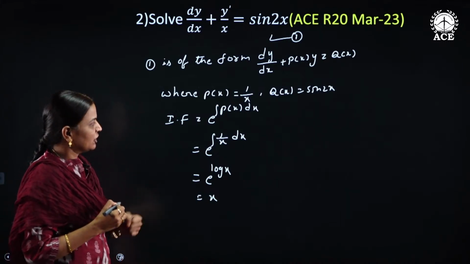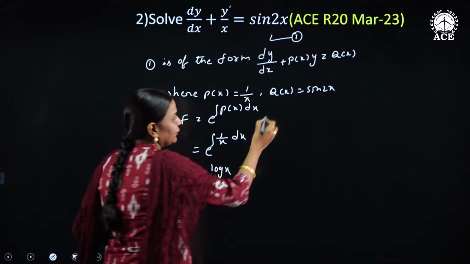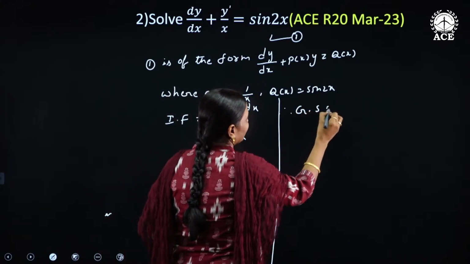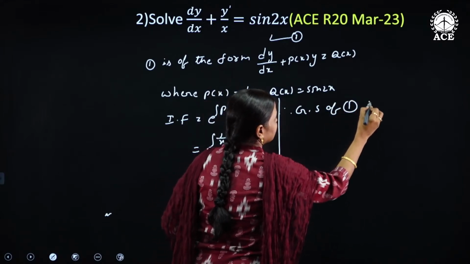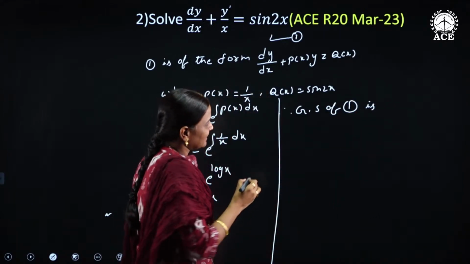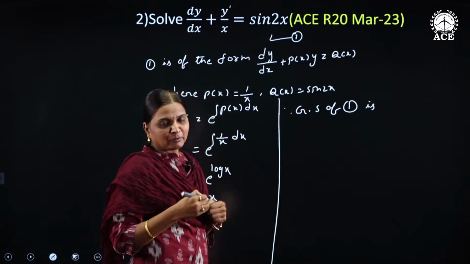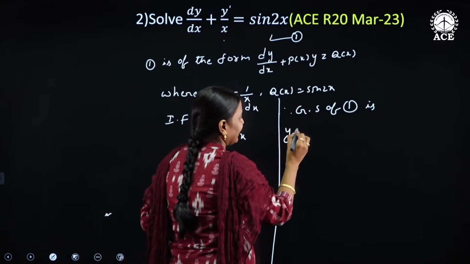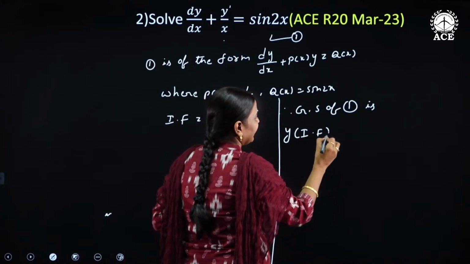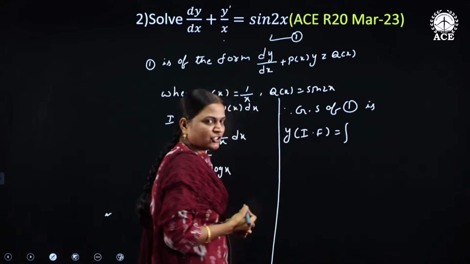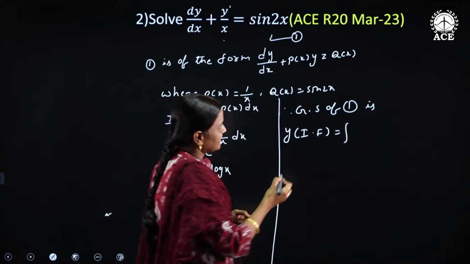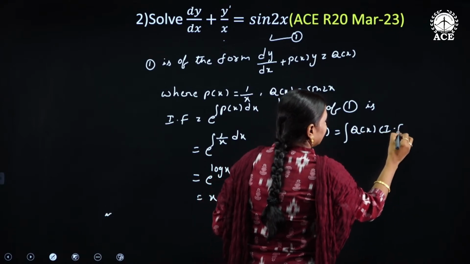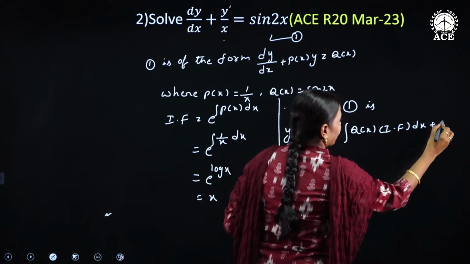After completion of the integrating factor, what is the last step? Write the general solution. How to write the general solution? Using the formula. So the general solution of equation 1 is: dependent variable into integrating factor. Here the dependent variable is y. So y into integrating factor is equal to integration of q of x into integrating factor into dx plus c.